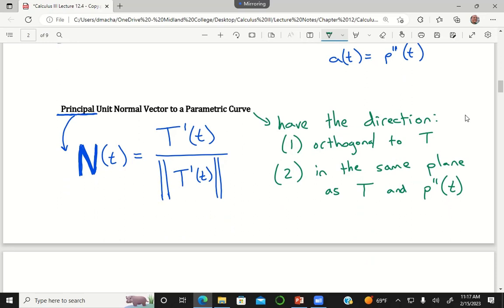So that second part, whenever I say it's in the same plane as the tangent vector and the second derivative, that sort of is going to nail down exactly which direction this normal vector is. There's infinitely many normal directions and infinitely many normal vectors in all sorts of different directions. But part two, when I say that this has to lie in the same plane as the tangent and the second derivative, that's what is going to specifically tell me what direction the unit normal vector is.